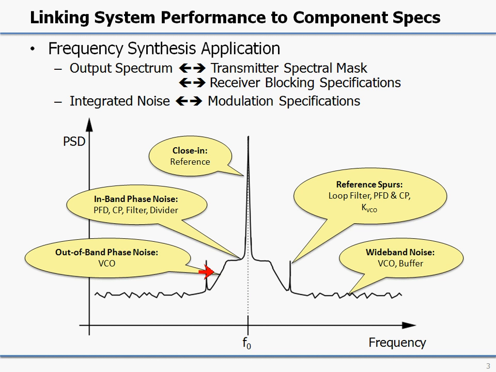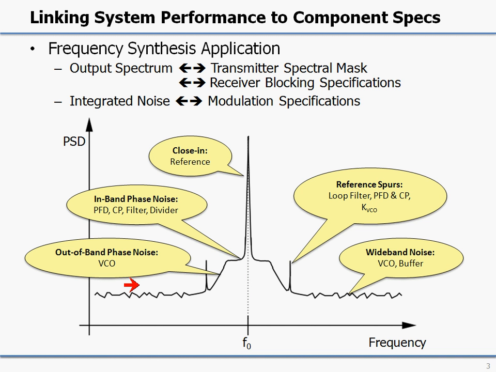As we then go out of the loop band of the PLL, the VCO starts to dominate the properties of the noise. And we can also see reference spurs, which are set by properties of the loop filter, the phase frequency detector, charge pump, and the KVCO. Far out, we have wideband noise, which can come from the VCO or from the buffer amplifier we use.